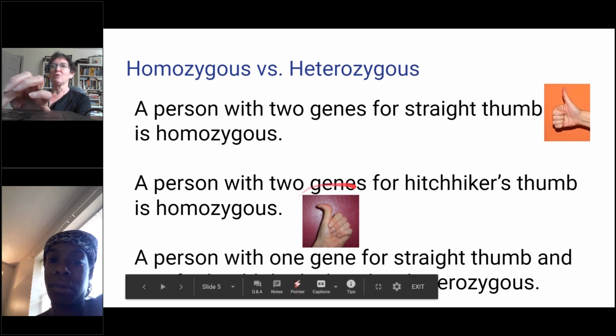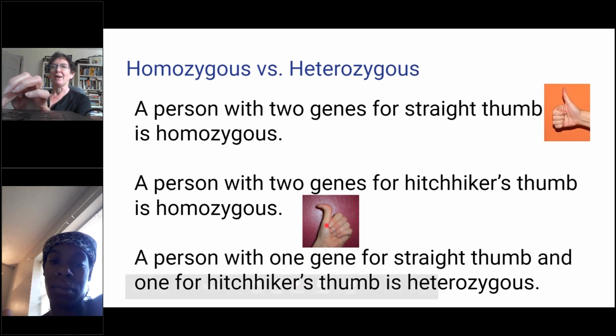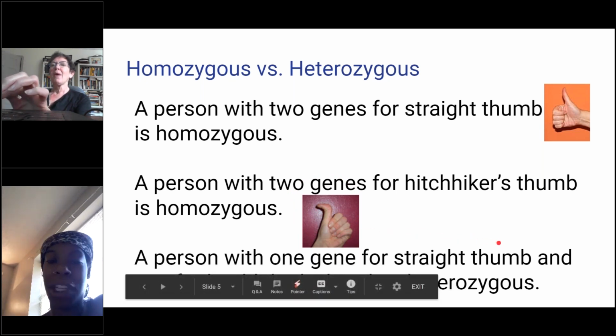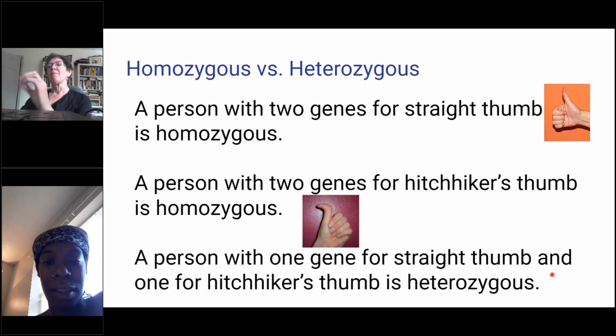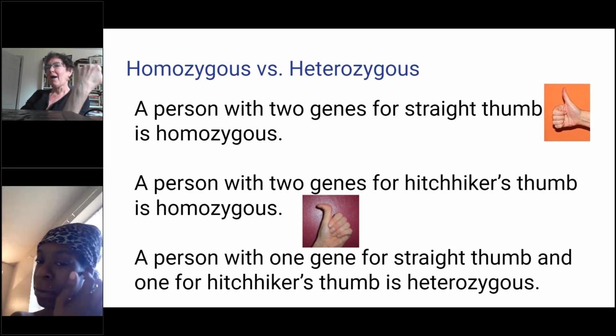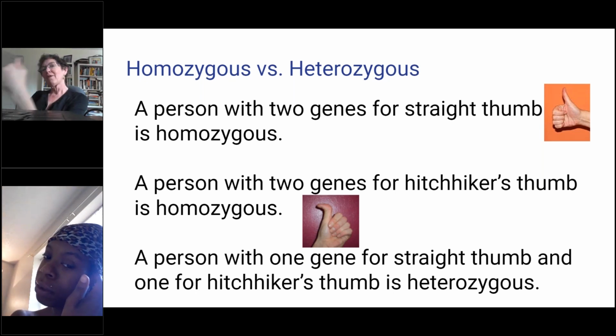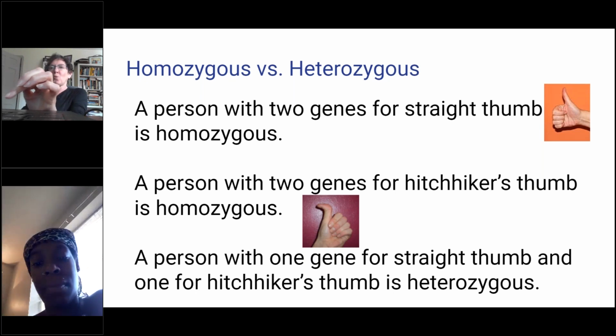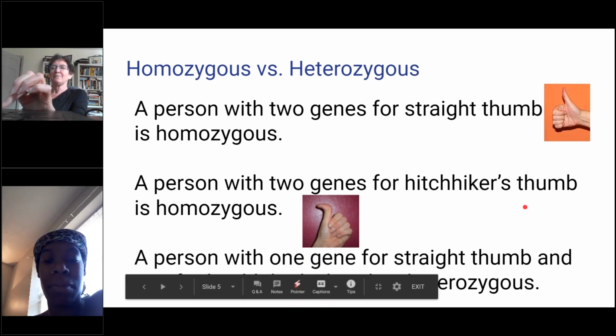I probably have two genes for a hitchhiker's thumb because mine looks just like that. It points straight back like that. But if you had one for a straight thumb and one for a hitchhiker's thumb, that would be heterozygous. So how do we know which one would show up? What would your thumb really look like?